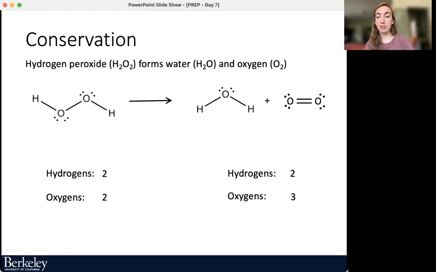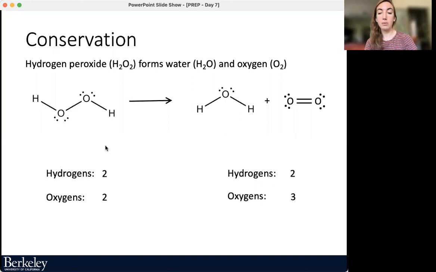So with chemical reactions, we always just count the atoms themselves. Chemical reactions have everything to do with who's bonded to who, but when we're thinking about conservation of atoms, we're just counting how many oxygen atoms there are on each side, how many hydrogen atoms.